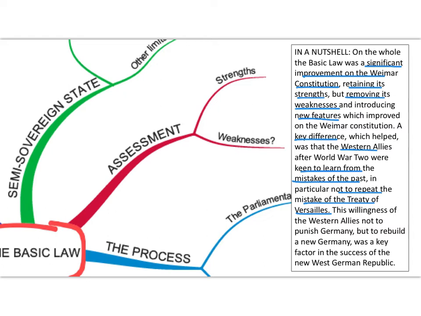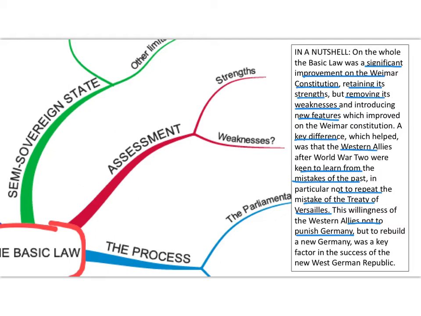And that willingness of the Western Allies not to punish Germany was obviously a fundamental part. Our starting point mustn't be to punish Germany, because that's in a sense where we got it really wrong in 1919. The German people felt aggrieved by the Treaty of Versailles. They felt they hadn't been treated fairly or properly. Remember, that was the whole reason that West Germany came into existence, because of disagreement over reparations.